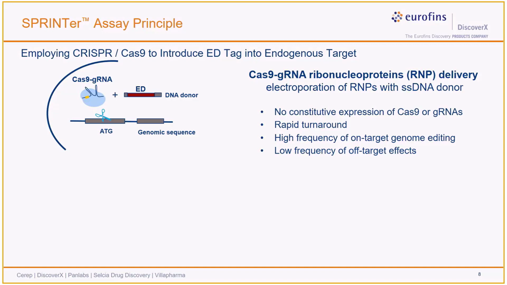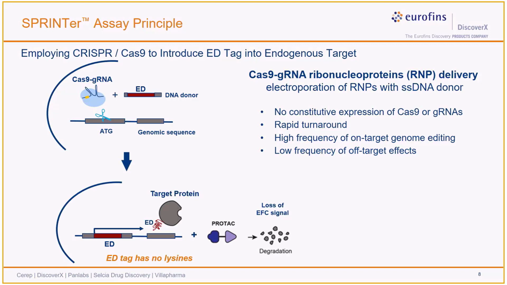This is a non-DNA based method, therefore there is no constitutive expression of Cas9 and RNA complex that might lead to off-target effects. This delivery system is very high on target editing, and because it is transient, the off-target effect is low. In addition, the ED tag has no lysine, which is a residue that ubiquitin covalently links to. Therefore, any degradation we observe using this assay platform is not an artifact due to the introduction of the ED tag.